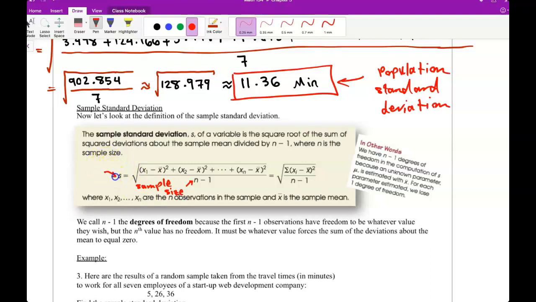Here is sample standard deviation. These x are again our data values, and this x bar is mean.